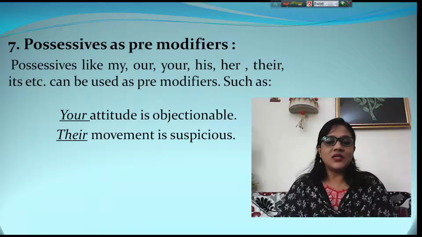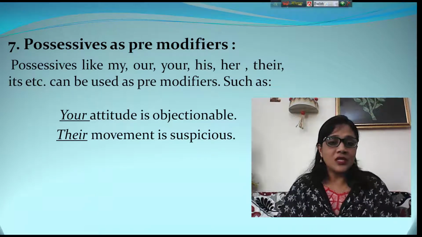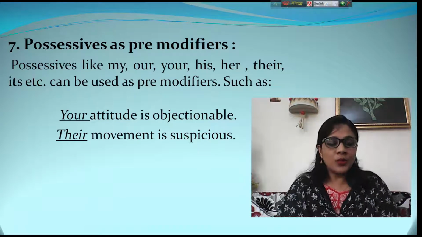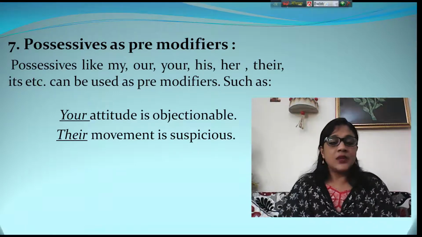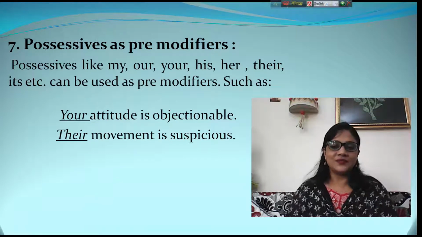Here attitude is a noun, and before this noun we use the possessive your, and before the noun movement we use their. And in both cases the possessives your and their work very importantly, and they modify that noun. For this reason they work as pre-modifiers.